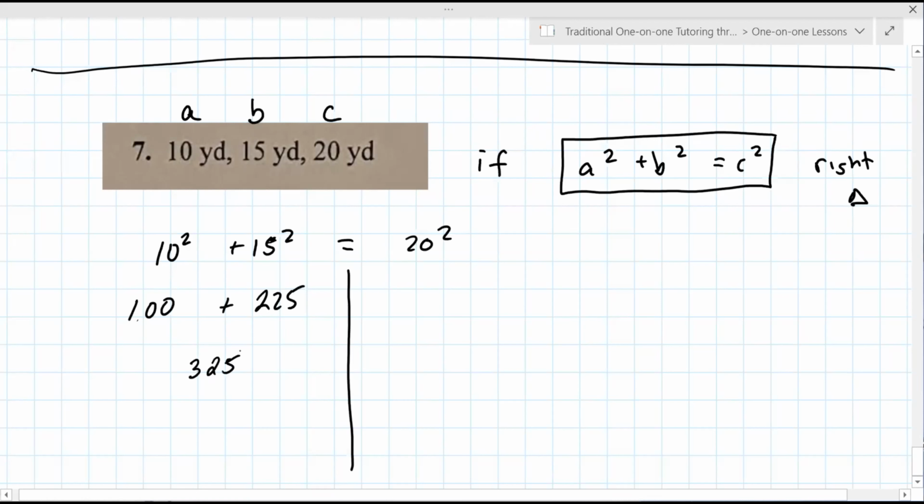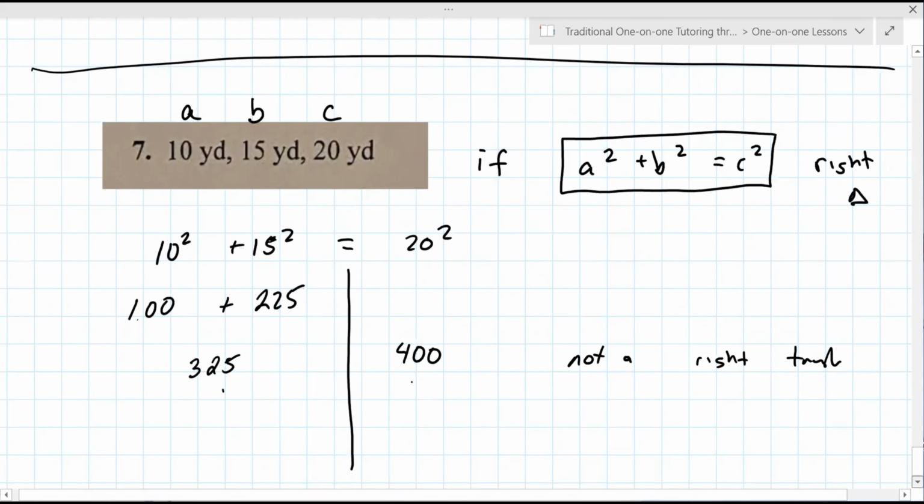So 325. Okay, and now what is 20 squared? 400. Okay, so are these the same? No. So this is not a right triangle.